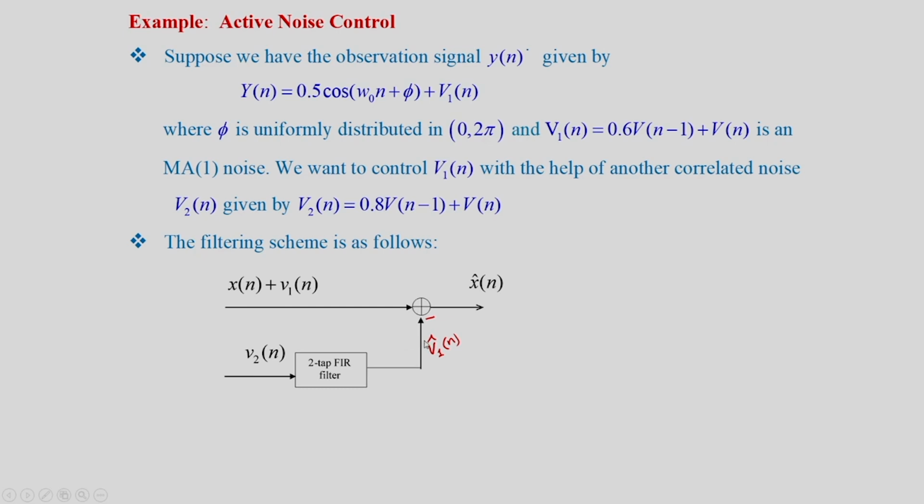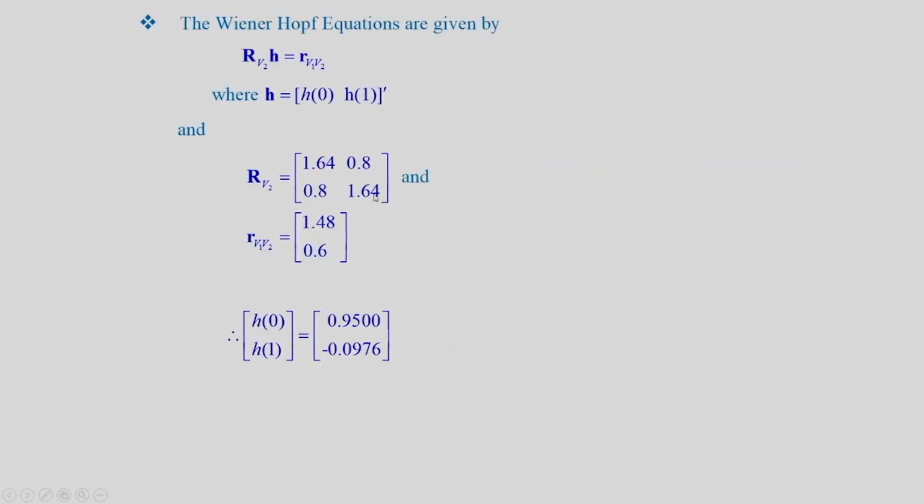This is the filtering scheme, and we can find the Wiener-Hopf equations, given by R v2 into s, that is the autocorrelation matrix of v2 into s, is equal to the cross correlation vector r v1 v2, where s is a two-length filter, that is, s is the vector composed of h0 and h1.